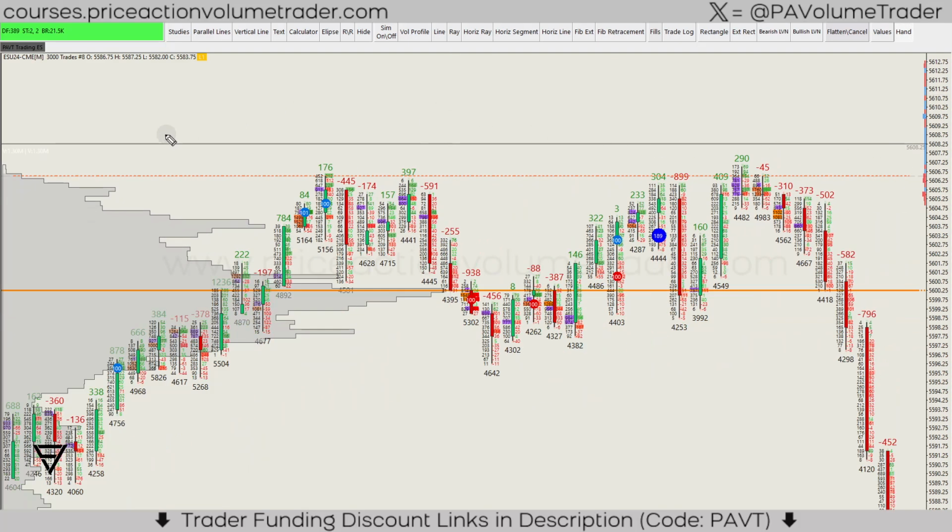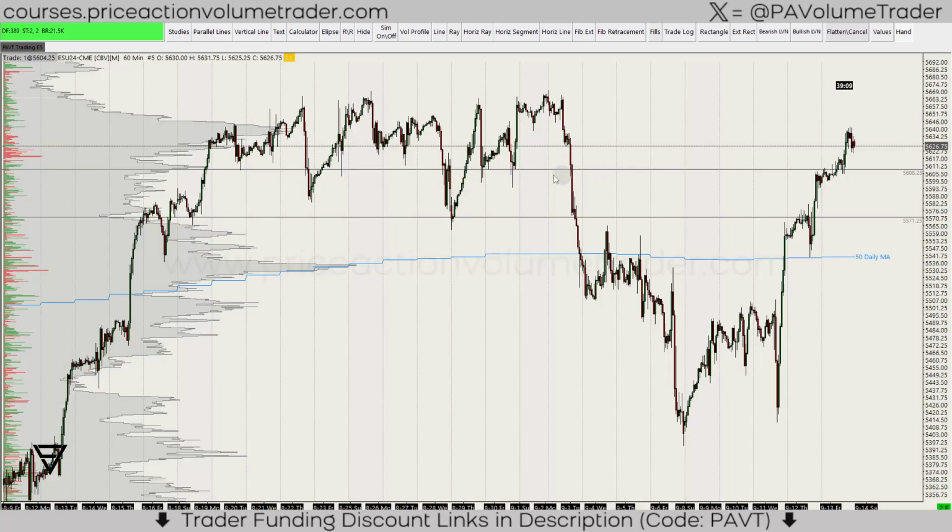This is the level that I was talking about, but you can see we didn't actually touch it completely, but as I showed you, it's really just a whole zone. Right here you can see pretty much from this level down into here, this whole zone of resistance is where we came up on this.